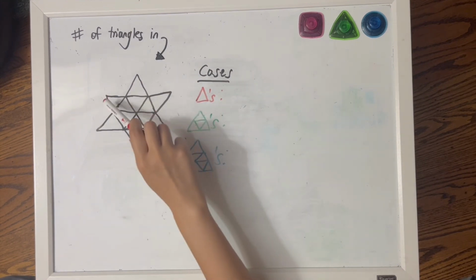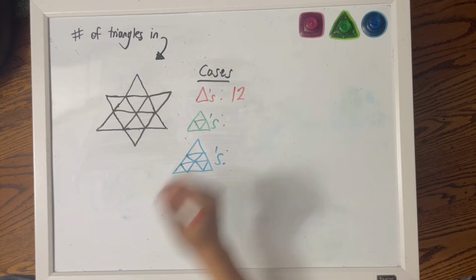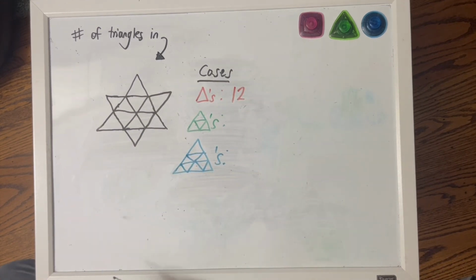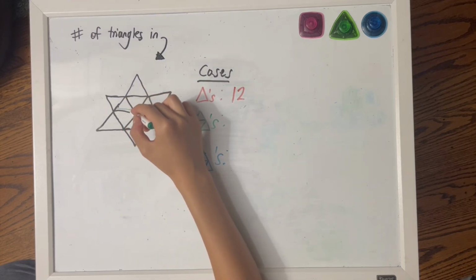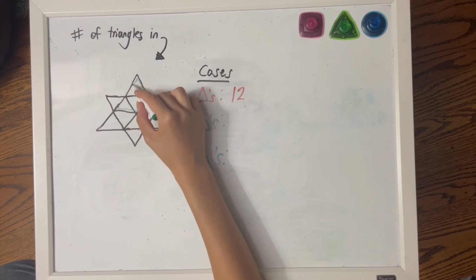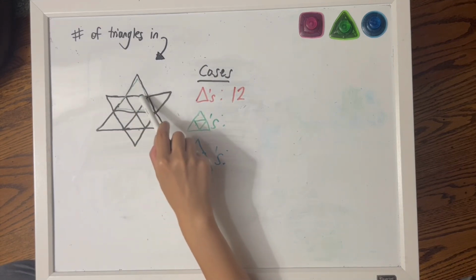Single triangles, we can count them by hand, and there are 12 of them. For the next triangle, it may be a little tricky to find them at first. There's actually 1 of these triangles at every point of this star shape if we outline it here. So there will be 6 of these because there are 6 points on this shape.